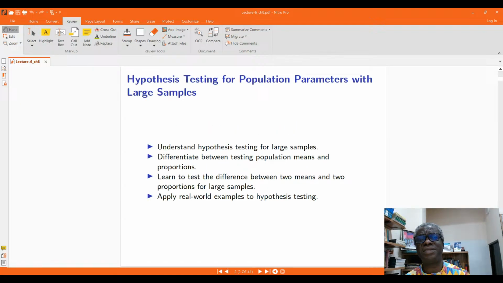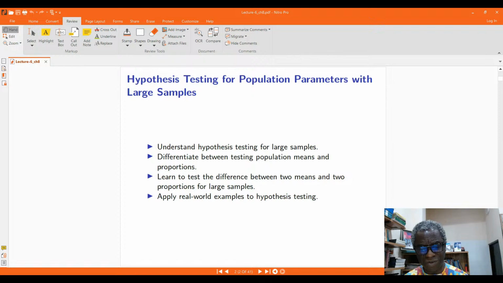Today, our focus will be on hypothesis testing for population parameters with large samples. We will also look into hypothesis testing for means and proportions when sample sizes are large.